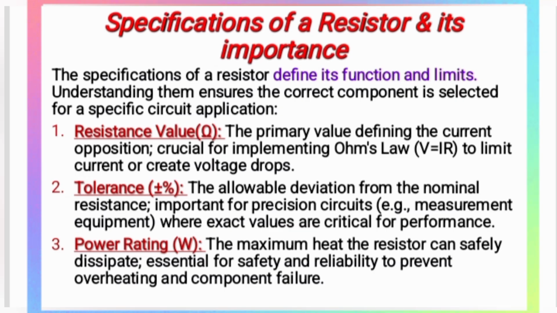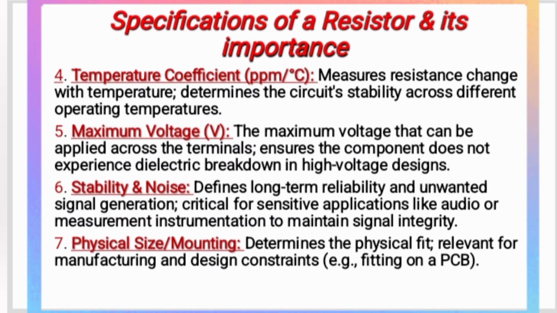Power rating, W: the maximum heat the resistor can safely dissipate, essential for safety and reliability to prevent overheating and component failure. Temperature coefficient, ppm per degree Celsius: measures resistance change with temperature, determines the circuit's stability across different operating temperatures. Maximum voltage, V: the maximum voltage that can be applied across the terminals, ensures the component does not experience dielectric breakdown in high voltage designs.